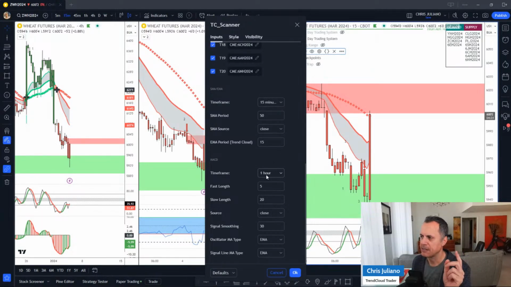The 15 and the 1 hour will give you the best TrendCloud signals early on. This is working out better in the past few months. So I updated it. So just take a screenshot of that.